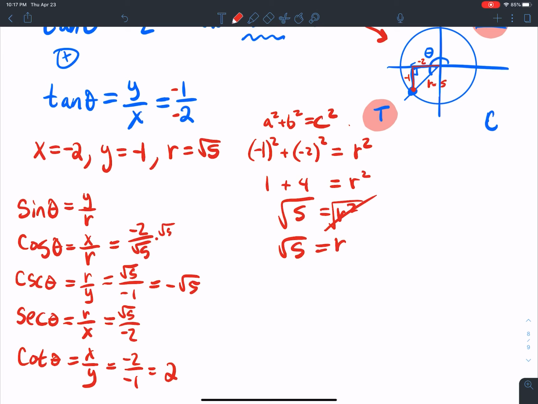Multiply top and bottom by square root 5 to rationalize the denominator. And same thing here, sine is negative 1 over square root 5, and this reduces to negative square root 5 over 5. So that gets me all of the trigonometric function outputs for that particular angle theta, okay?